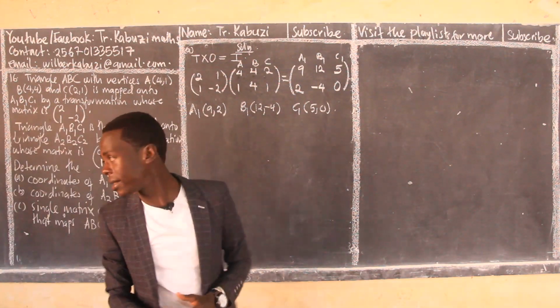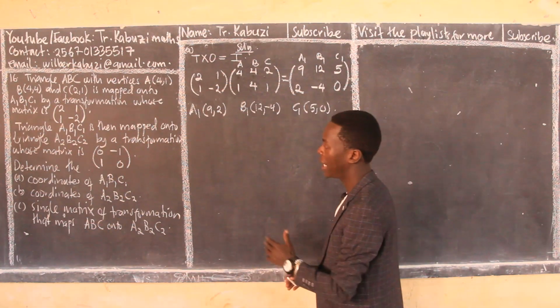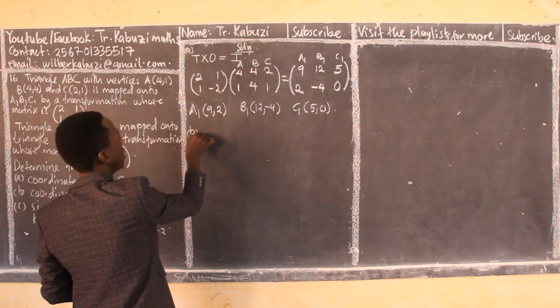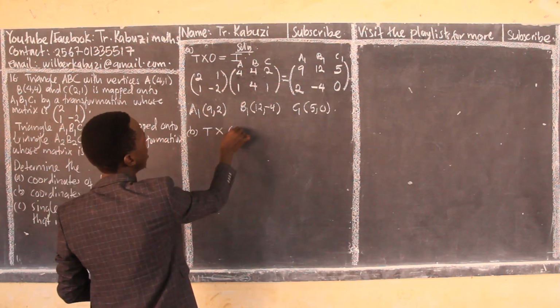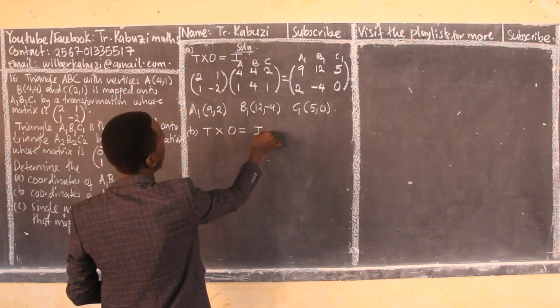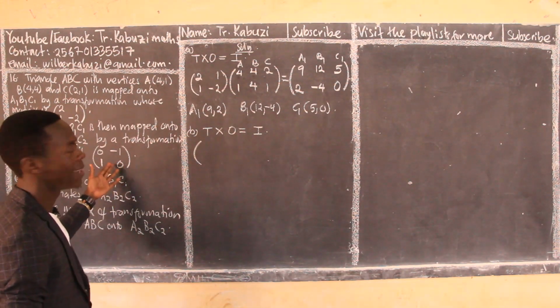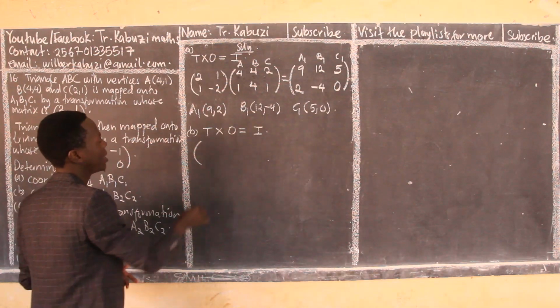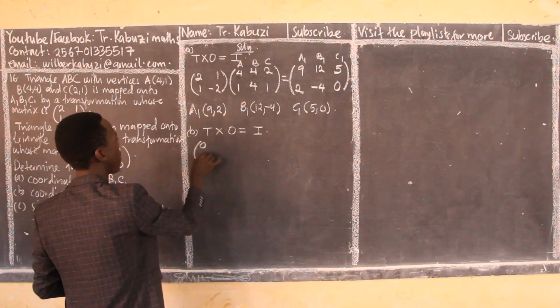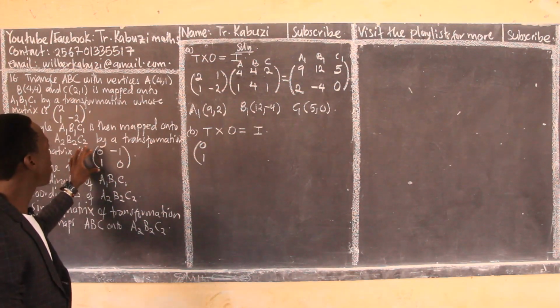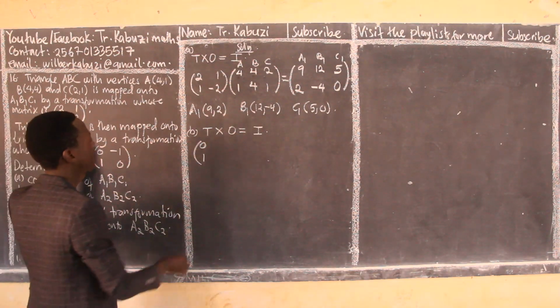Now part B says, find the coordinates of A2, B2, C2. You come with still the same idea: transformation matrix times the object, I will get the image. Now, I think you can see that this is a reflection in a line anyway. So you can write this as 0, 1, and -1, 0. This is the transformation to give us these ones, that's why I'm using this matrix of transformation.